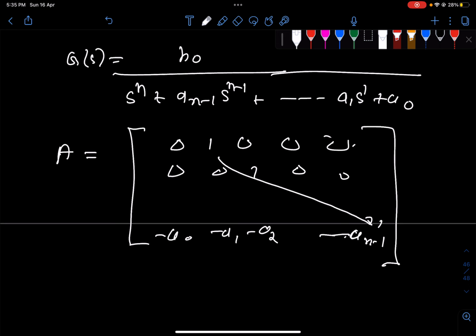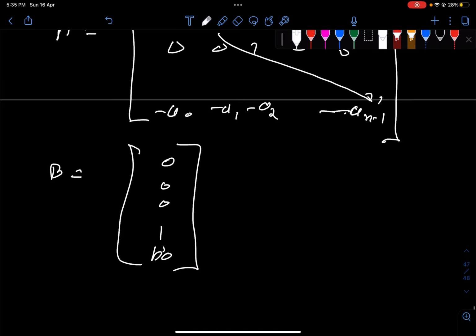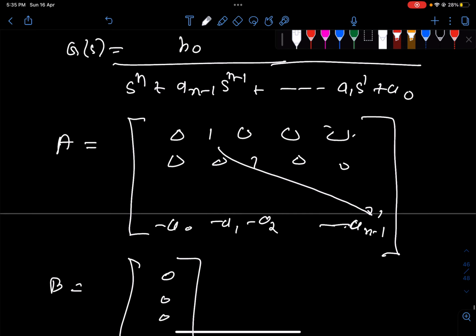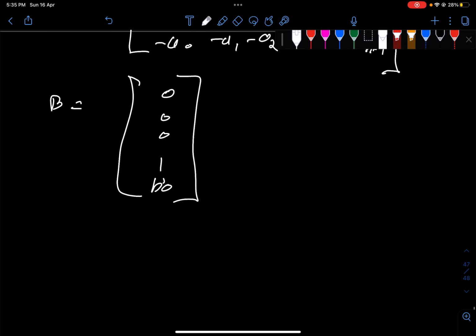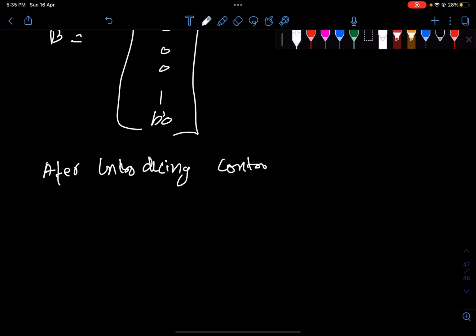The B matrix is 0 0 0 up to b0. This was our B matrix. No change with the C matrix and other matrices. The B matrix also has no change. But now, after introducing the controller, we are introducing the K controller, right? So it will be K1, K2, K3.